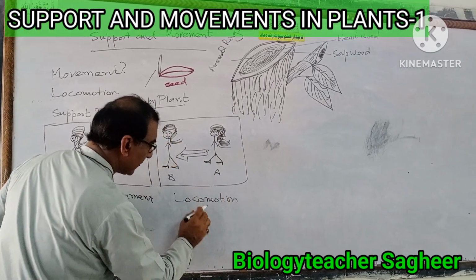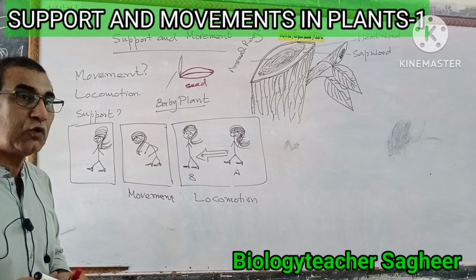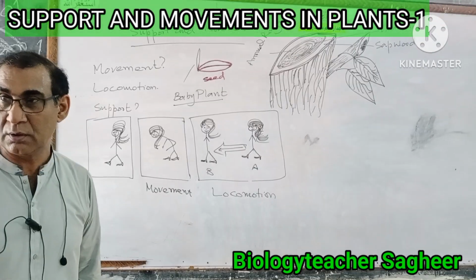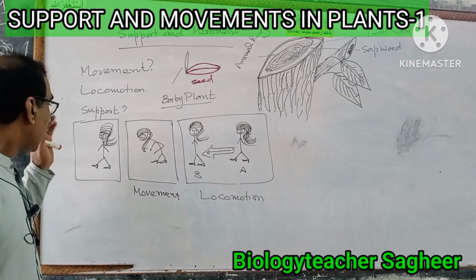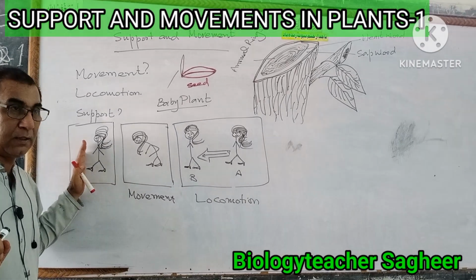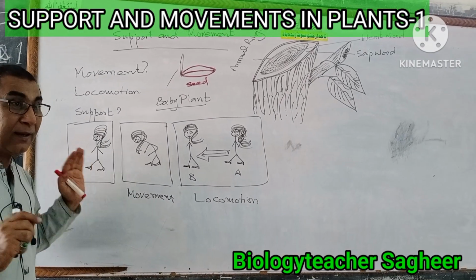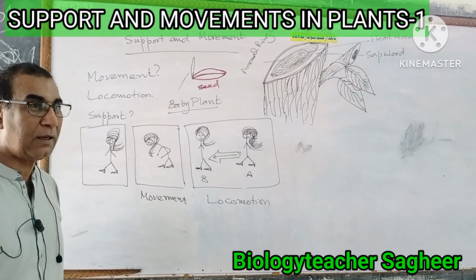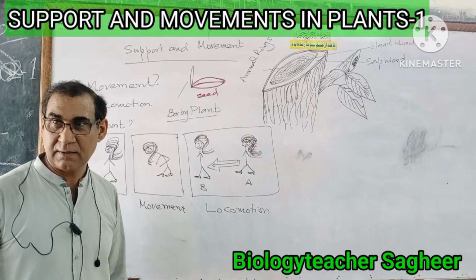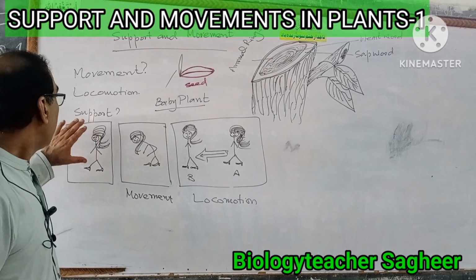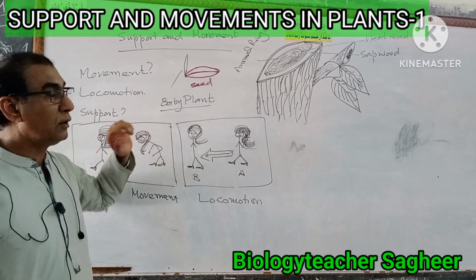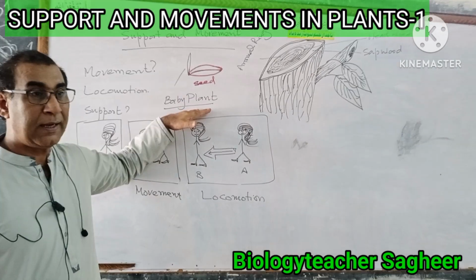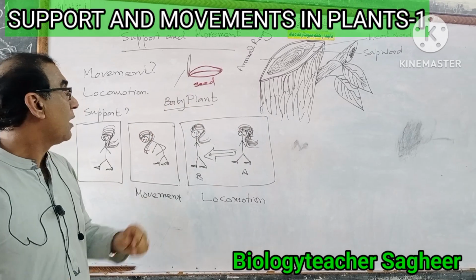In other words, movement from locus to locus is known as locomotion. Clear? If you are not moving, then you are in the state of inertia. You might have studied that in your physics. Clear?